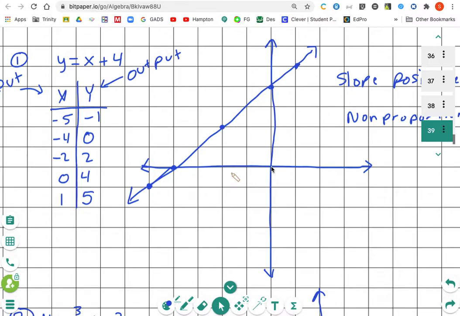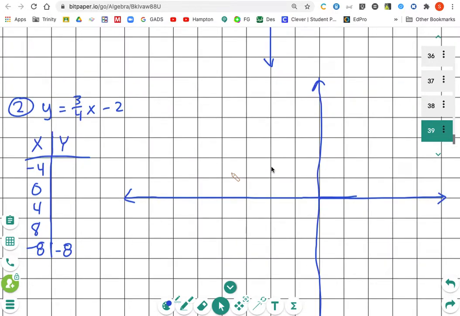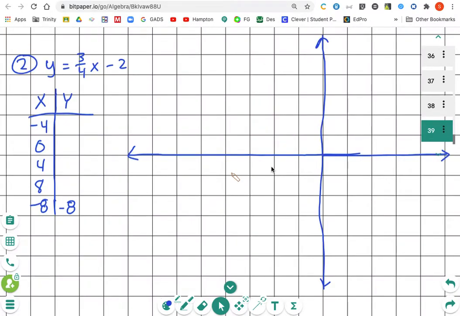Okay, let's look at number 2. We have a new equation. So we're going to substitute in our numbers. Again, you can do this on a calculator or you can do it with mental math. So 3/4 times -4 minus 2 is going to give you -5.